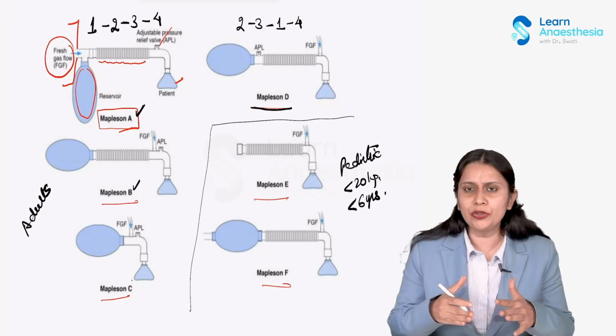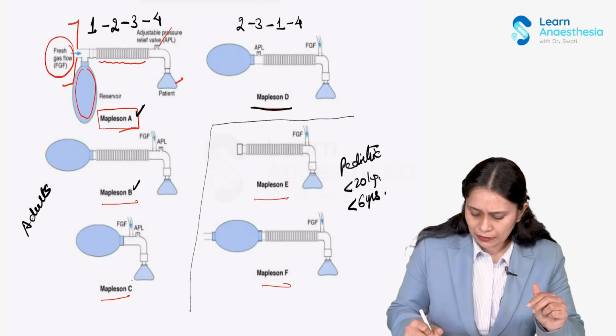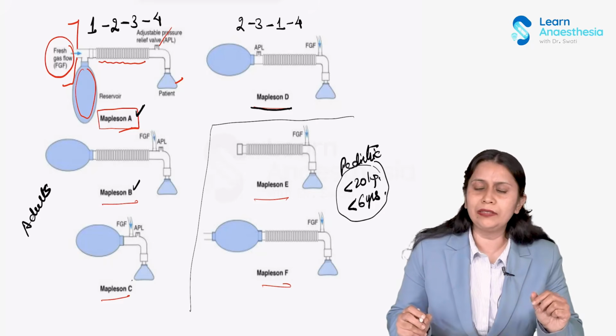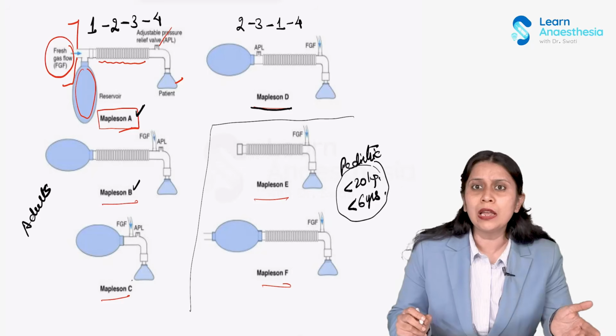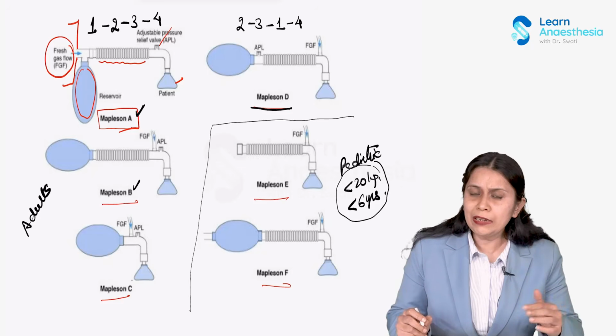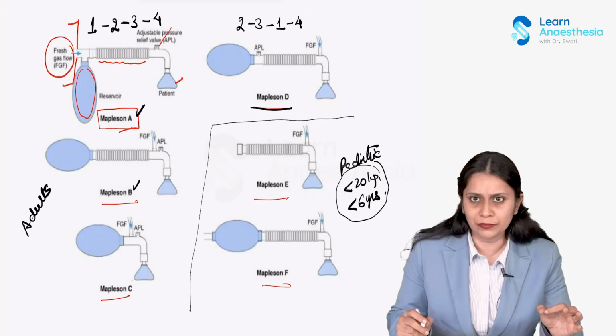Now, why can we not use the adult circuit in a very small child? Well, definitely because their lung is immature and cannot tolerate high pressure and high resistance. In smaller children, we need a circuit with minimal resistance and minimal pressure, right?